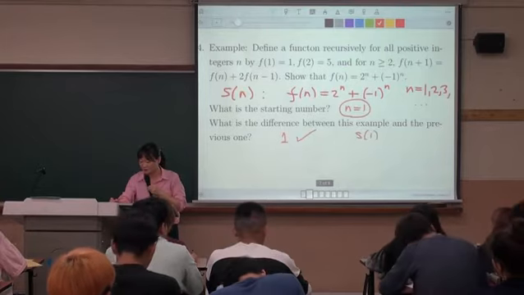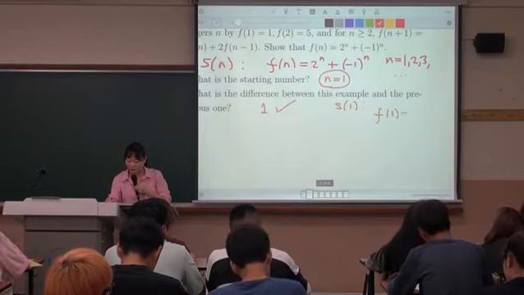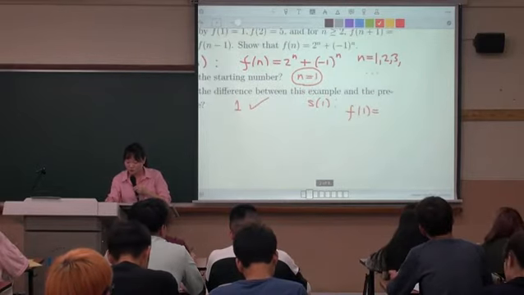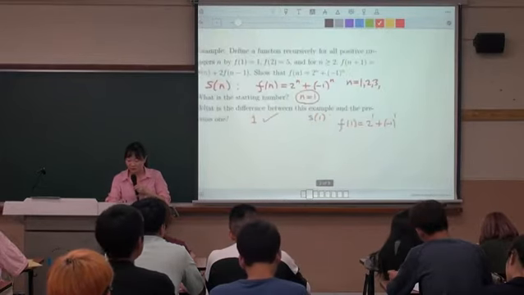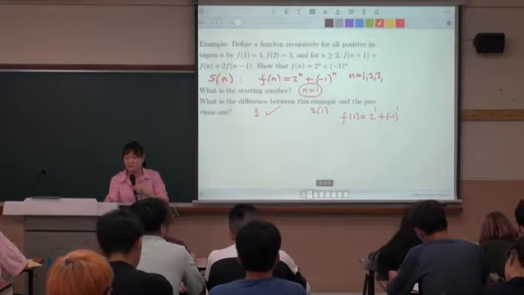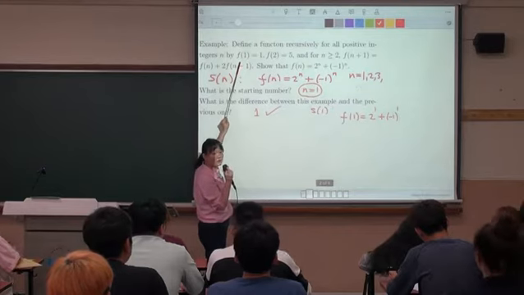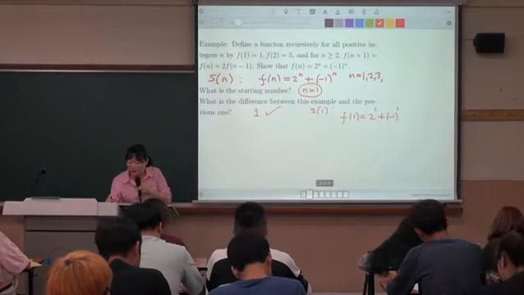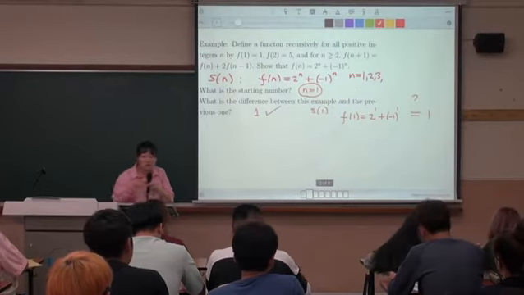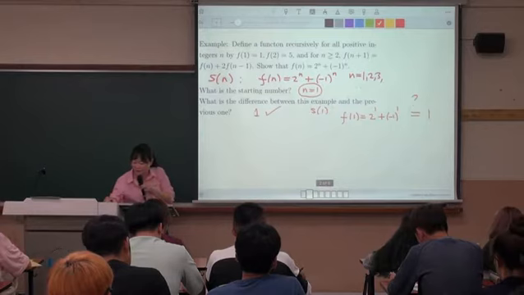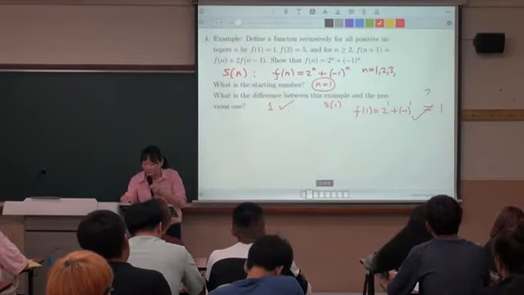So S1, we'll see if this is true. f of 1 is 2 to the 1 plus minus 1 to the 1. And we have to show this equals what? What is the given f of 1? 1. So we have to show this equals the given number 1. Is that true? Yes. So S1 is true.